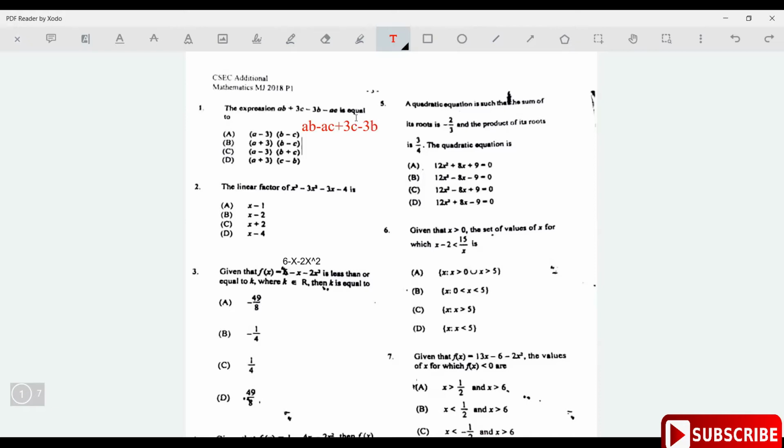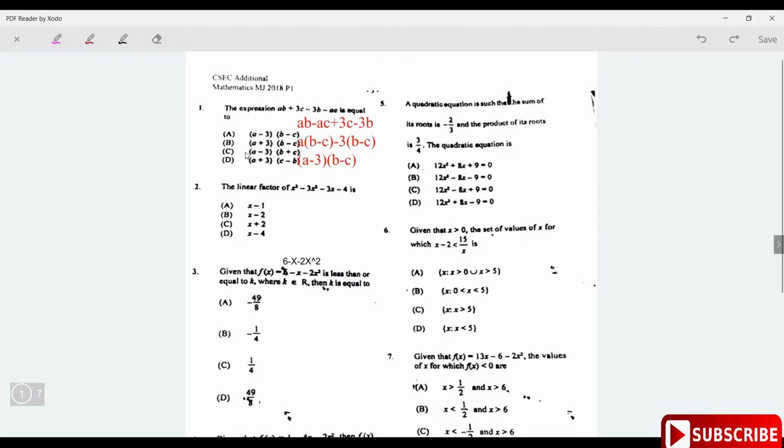Then I'm going to factor out A, and I'm left with B minus C. Then I'm going to factor out minus 3, and I'm left also with B minus C. So when I finish, I get A minus 3 times B minus C. Nice and easy, sweet. A minus 3, B minus C. That is option A. Easy.